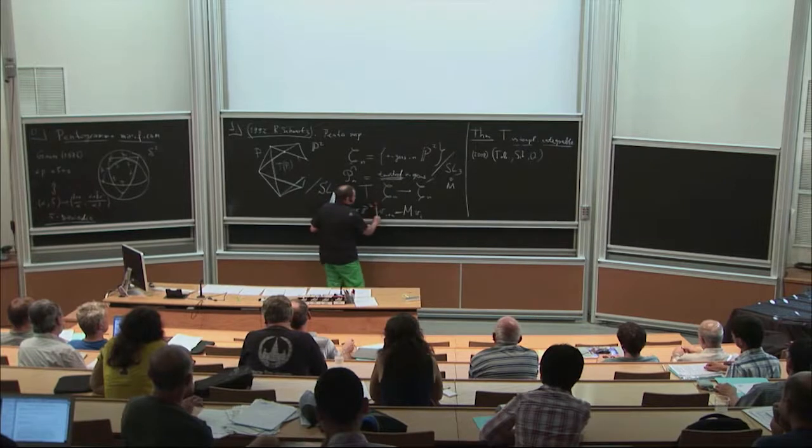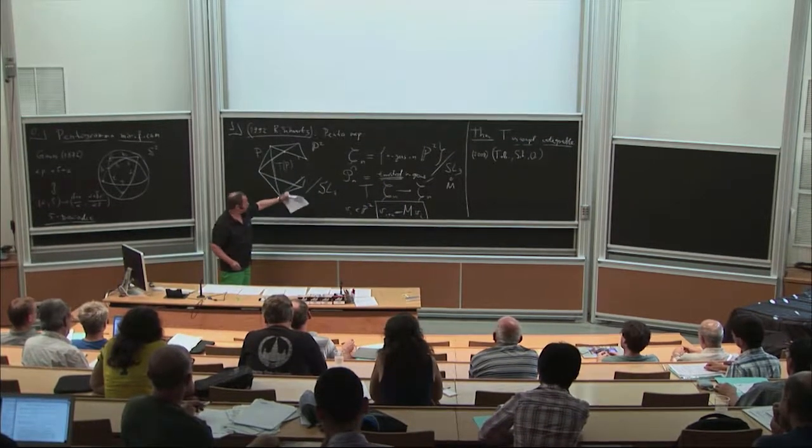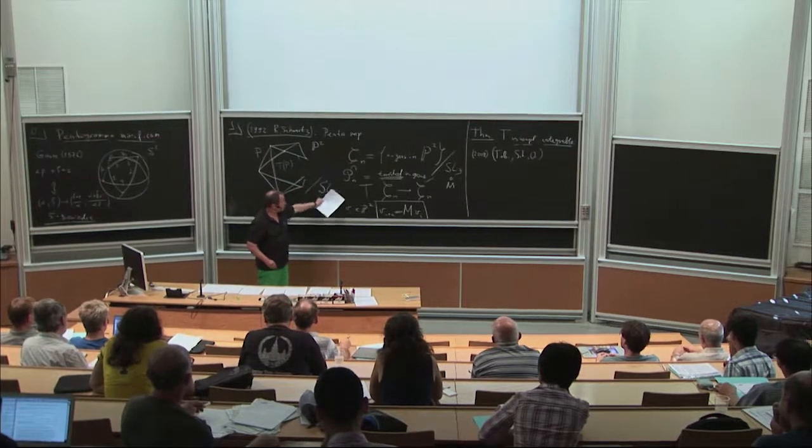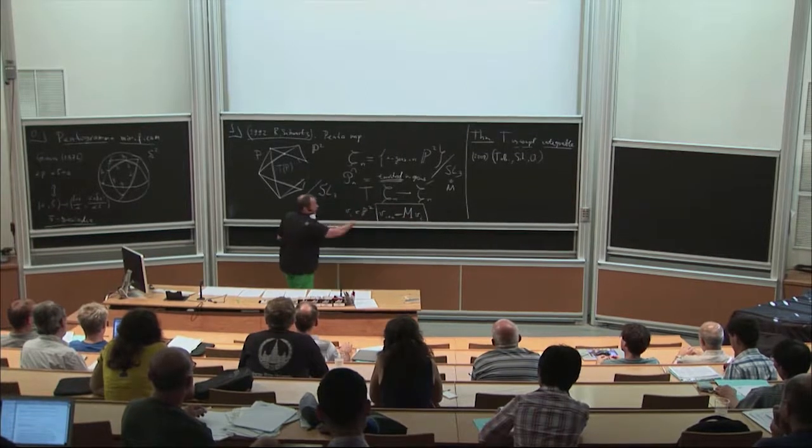So if M is identity, then we get a closed n-gon, what we considered initially. But here we fix some monodromy, and we get a twisted n-gon.